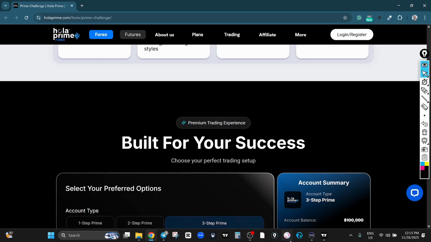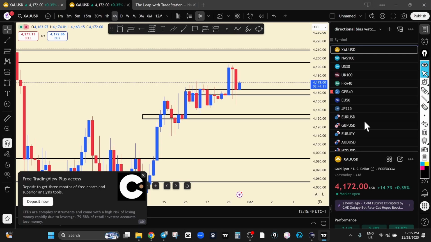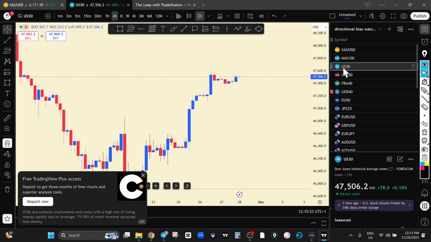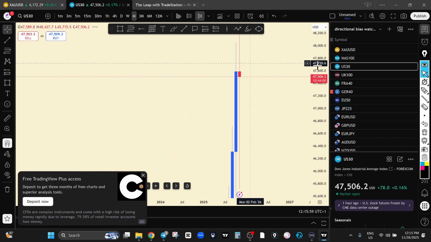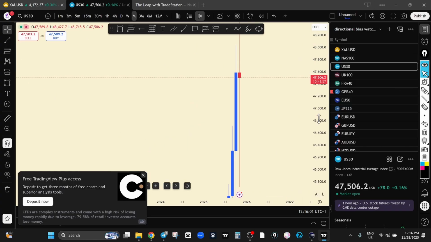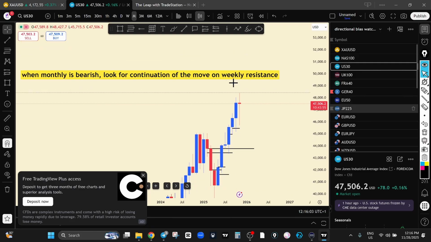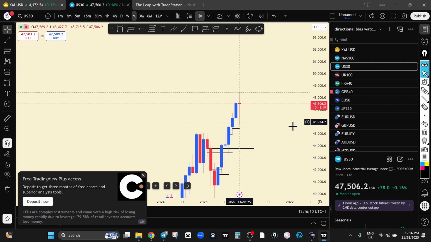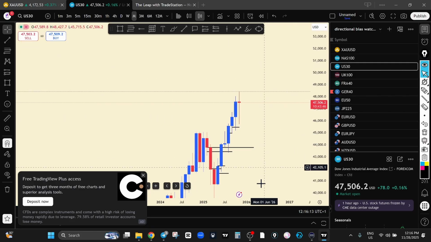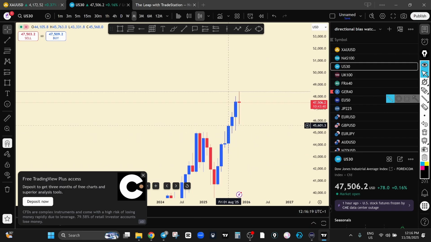So let's go back to our chart. Now, looking at NAS 100, I think after this, I should call it a day. Then probably, if I have the chance, I will analyze every other one. So on monthly on NAS 100, we can see that we reacted and rejected here.